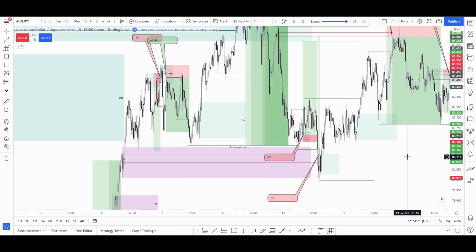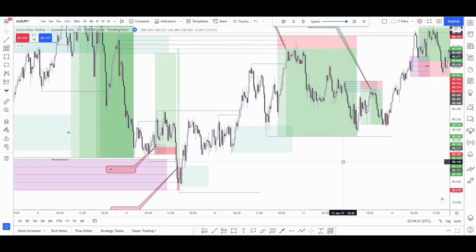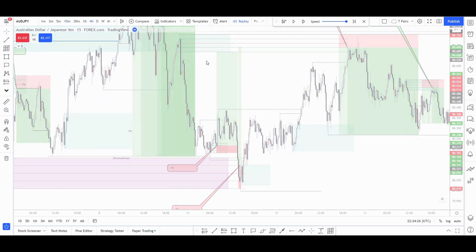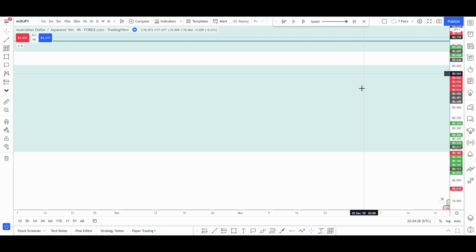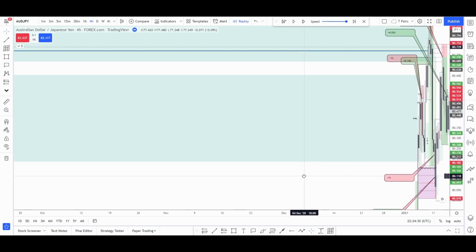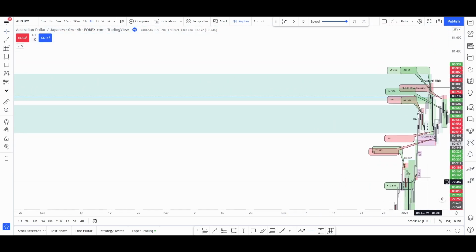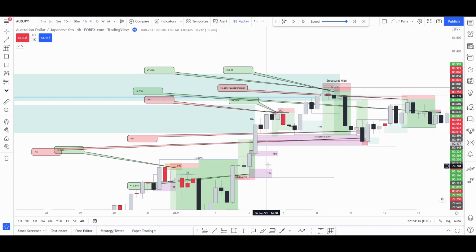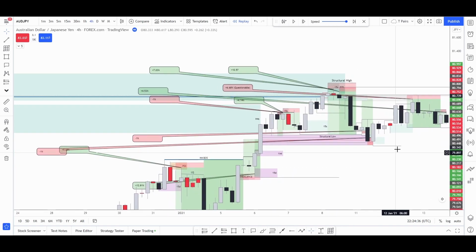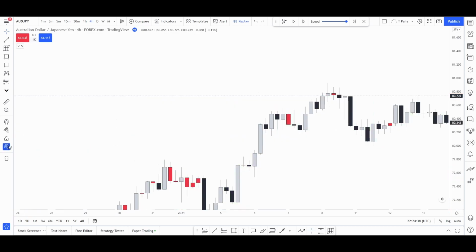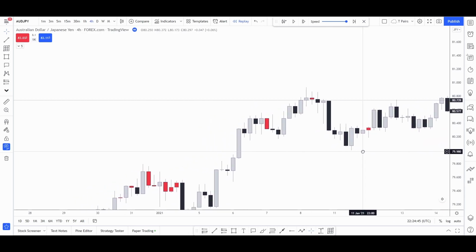Let me move this out of the way so we can just see where the 4-hour time frame is. I don't want to reveal the rest of the chart. Oh, this isn't helpful. Oh, it's kind of doing it. Right. Right.